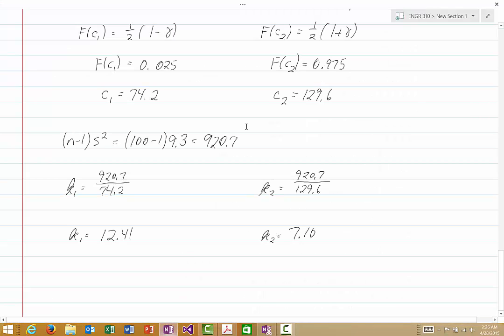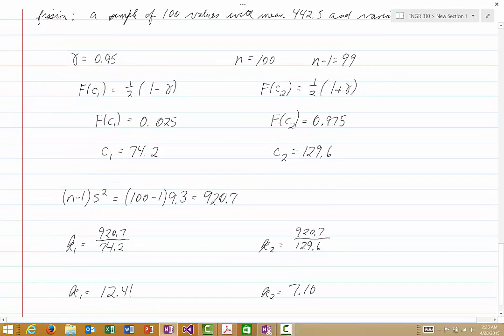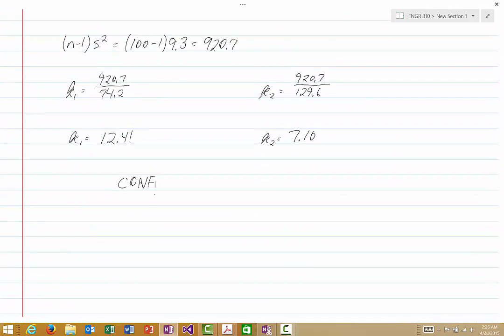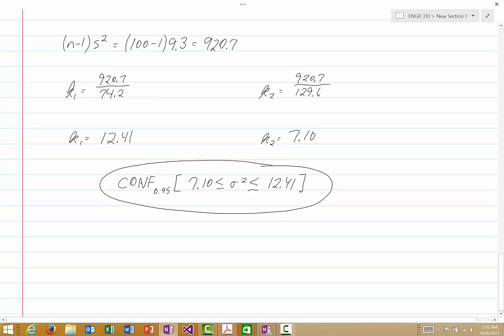So our final conclusion is that, and remember in this case gamma is equal to 0.95, the 95% confidence interval for sigma squared, the variance, is 7.10 less than or equal to sigma squared less than or equal to 12.41. And that's how we do a problem of that type.